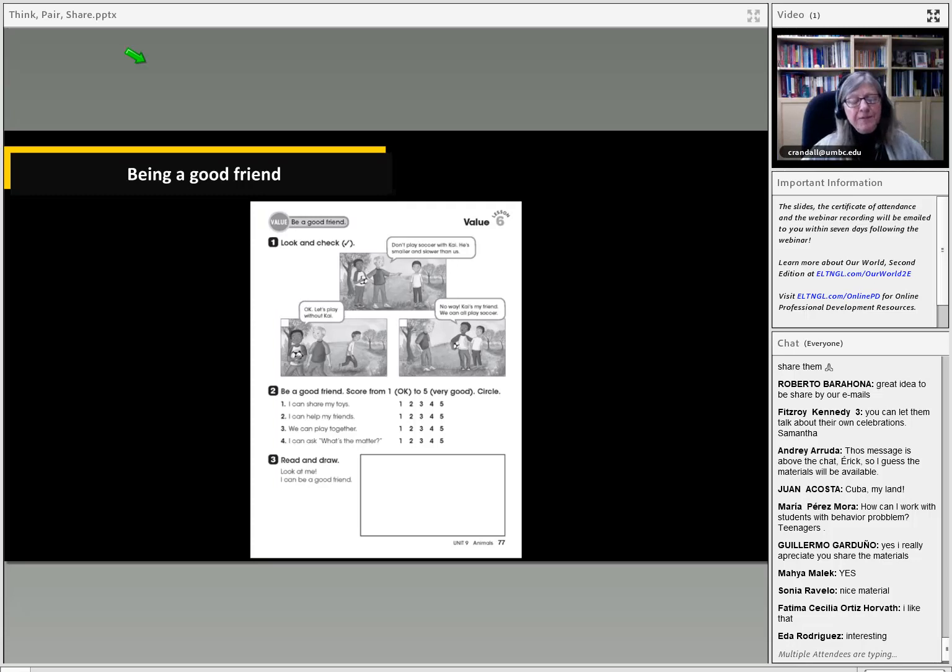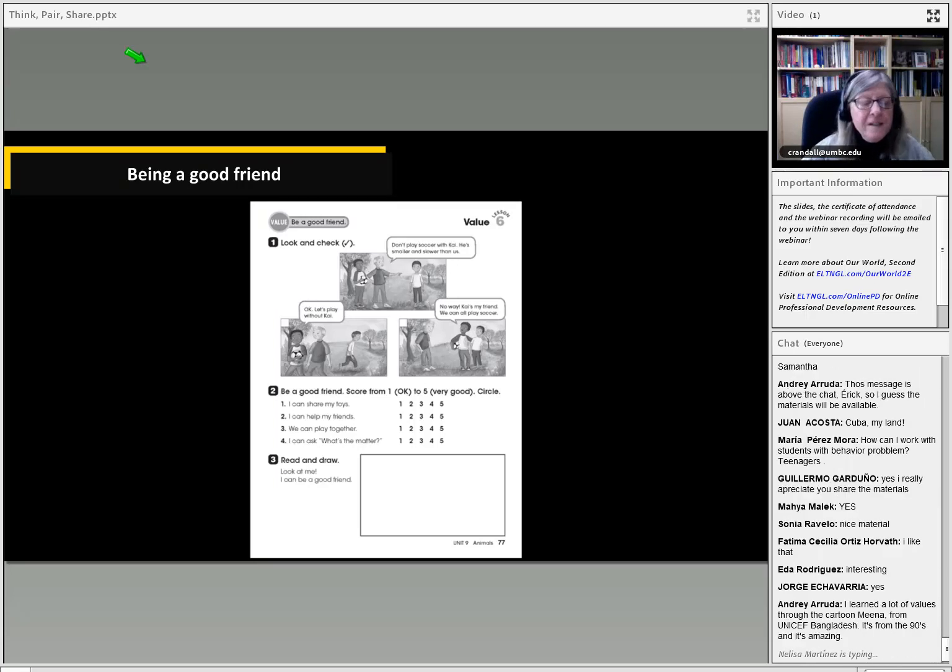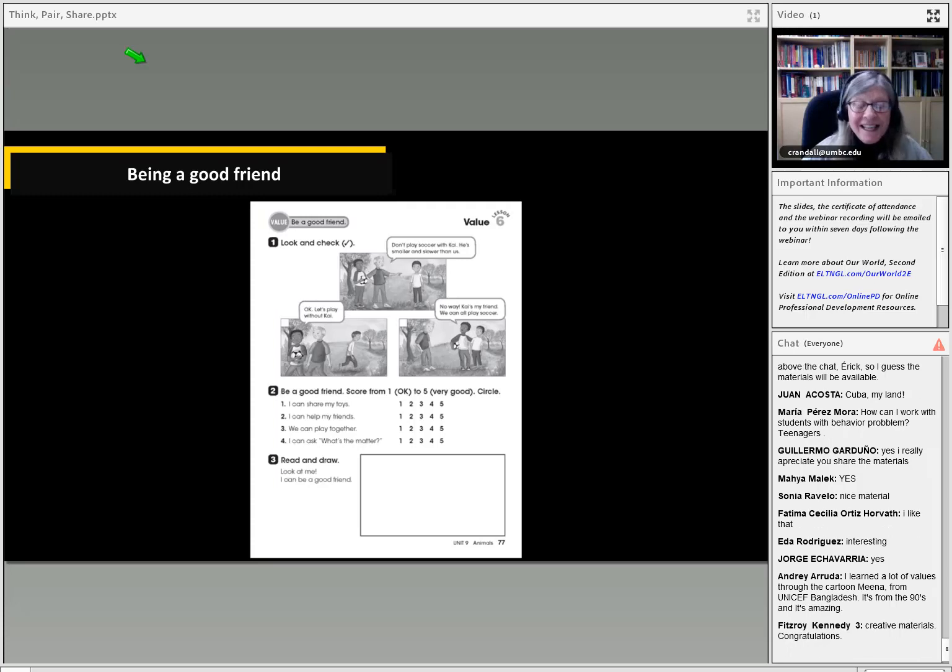But it provides a very good sense of the range of ways in which people demonstrate being a good friend. I think you're going to find, even though you may have all of your learners from a small area, there's a lot of differences, a lot of diversity. And of course that diversity spreads when we get into larger and larger contexts.